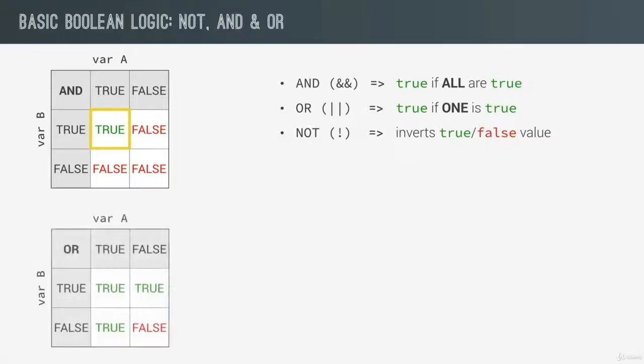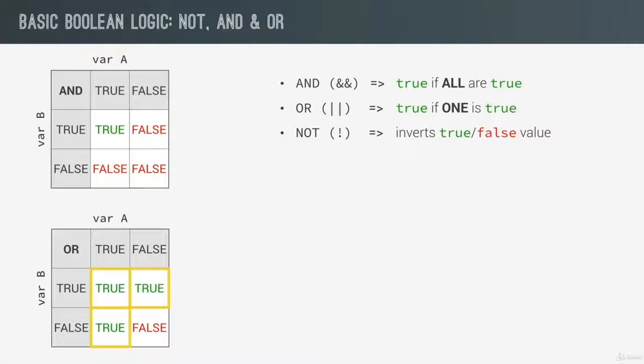All right, and now the second truth table is for the OR operator. And here things work a bit differently. So with the OR operator, it's enough for one of the variables to be true in order to make a or b come true. And again, that makes sense, right? So it's called the OR operator because only a or b needs to be true in order for the final expression to be true.